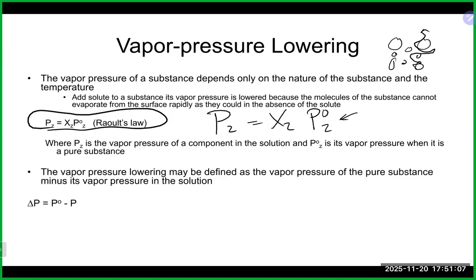So once again, the presence of those particles in the solution is going to cause fewer of them to escape the actual substance, and you'll have a lower vapor pressure. Again, these are pressures, and this is again the mole fraction we have talked about previously in some other chapters.